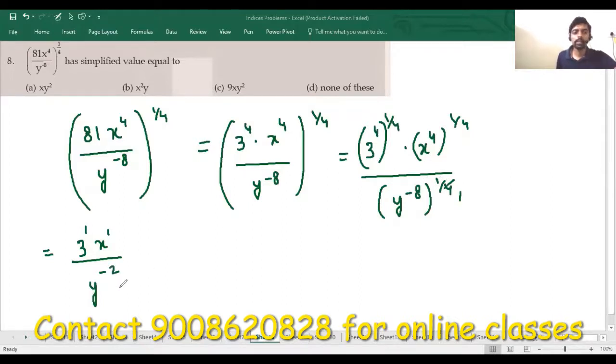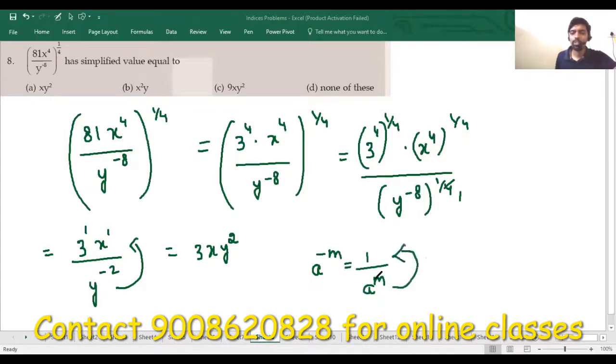So now guys, this is negative. So send this to numerator guys. So 3 power 1 is 3, x power 1 is x, y to the power minus 2 becomes plus 2 in the numerator. Correct? Sir, how? We know the property, right? A to the power minus m can be written as 1 upon a to the power m. So if you send this to numerator, the sign will change. Plus becomes minus, minus becomes plus.